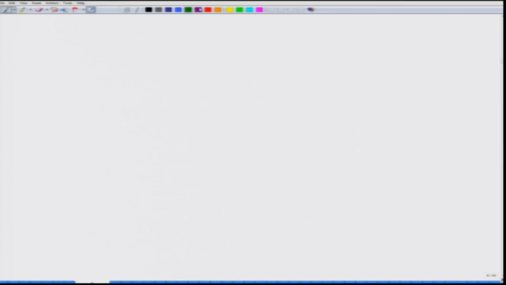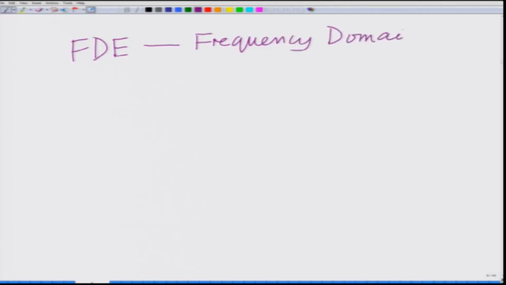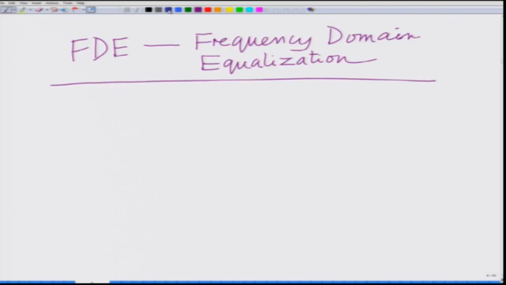So, we are looking at an example of FDE, which stands for frequency domain equalization.